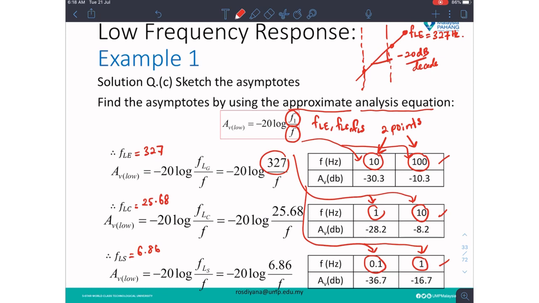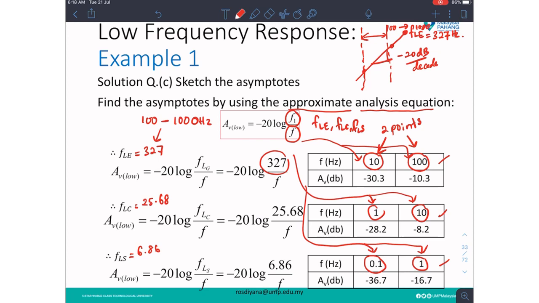327 is in the range from 100 to 1000 Hertz. So we take another decade in front. Let's say this is from 100 to 1000.